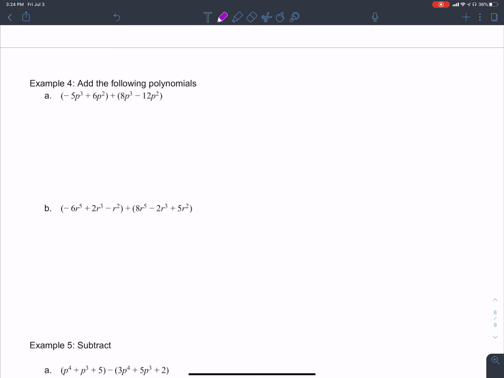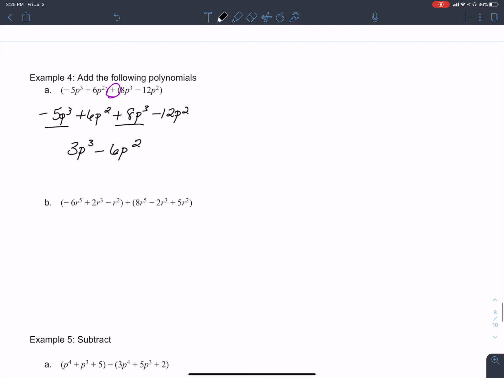All right, so now I'm going to add two different polynomials. Okay, anytime there's an addition sign with the two polynomials, you can drop the parentheses, so I get negative 5p cubed plus 6p squared plus 8p cubed minus 12p squared. I drop the parentheses and I just combine like terms, okay? So combine my highest first, and then I get that. That's my answer.